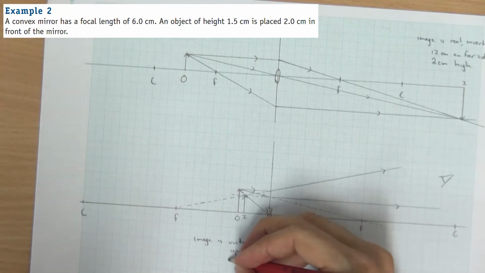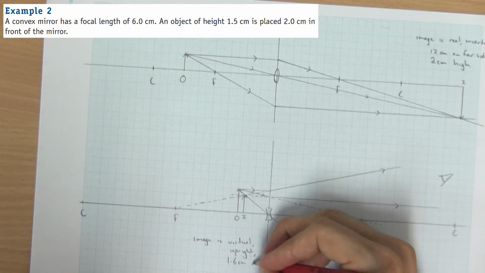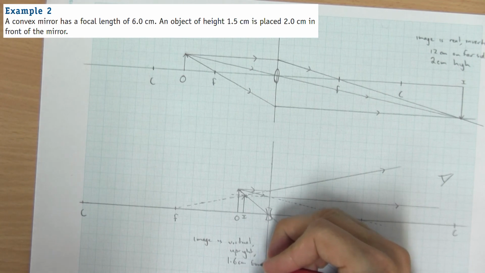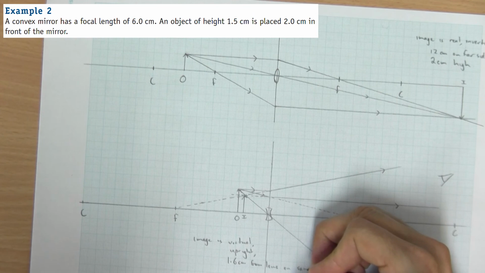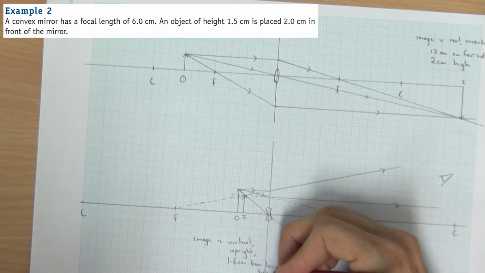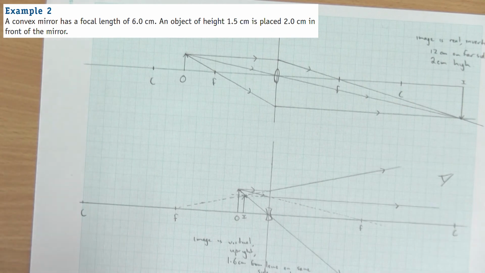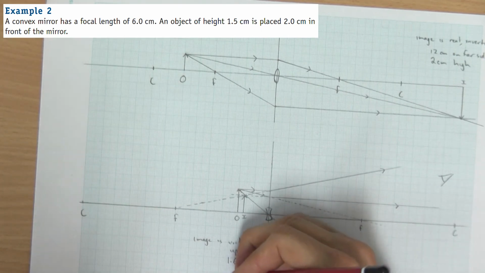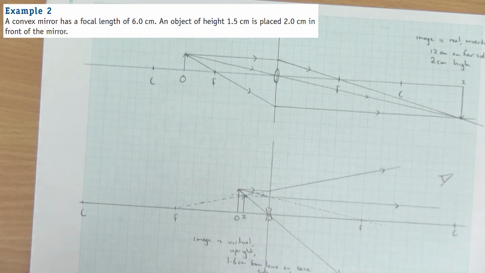I'm going to call it 1.6. 1.6 centimetres from lens on same side as the object. And it's diminished, it's smaller. It's actually 1.1 centimetres tall. That's where my image is.